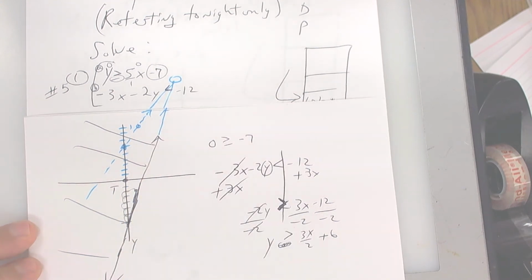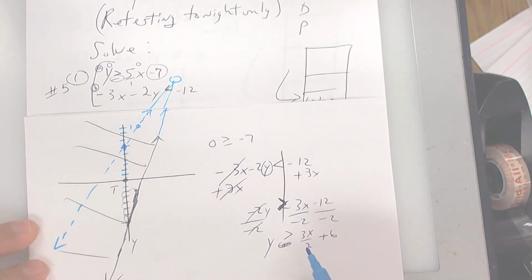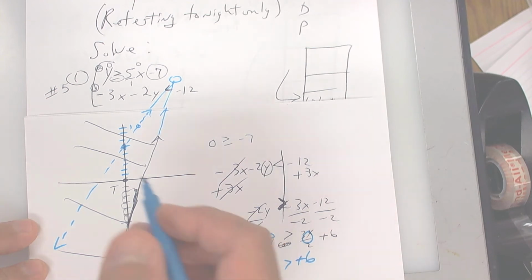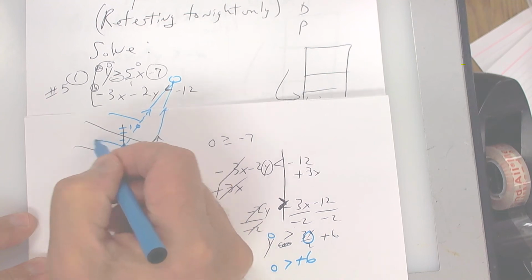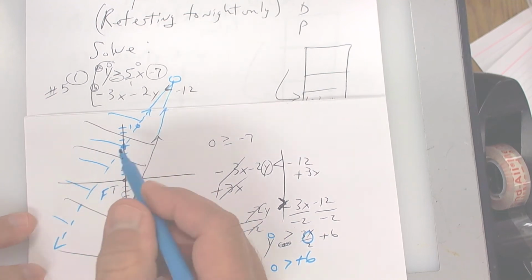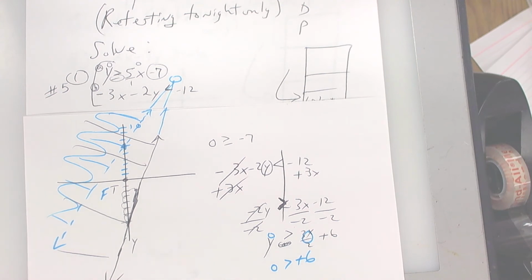All right, anyway, we need to use 0, 0 to test it. So put a 0 here. Put a 0 here. Is 0 greater than 6? That's false for the blue one. So you want to color the other side, which has to be true. So your answer is going to be where they overlap, which is on that side. And that's how you do that.